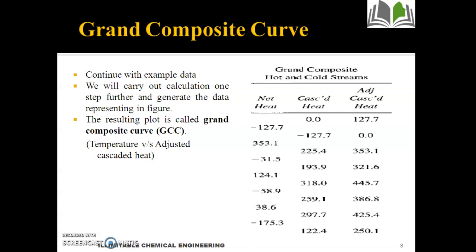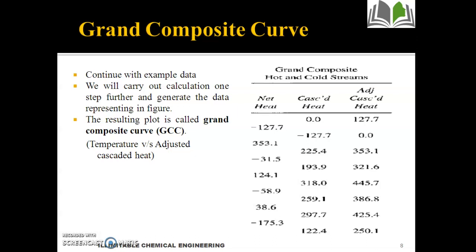Okay, so cascaded heat is the amount of heat the problem has available from the hot stream over that required by the cold stream. As we move from the high temperatures to the lower ones, anywhere we see a negative number in this cascaded heat column, we know that the hot streams have not produced enough heat to satisfy the needs of the cold streams above this entry.